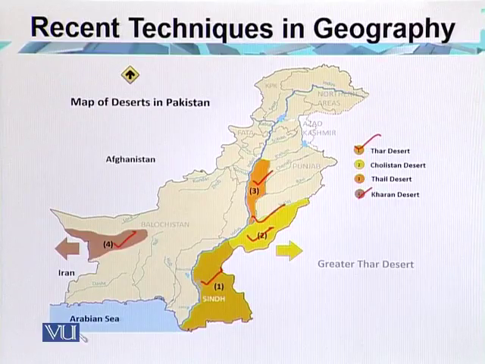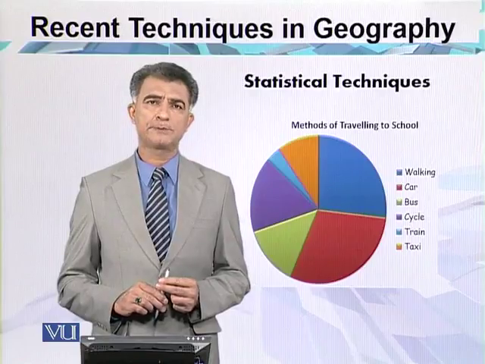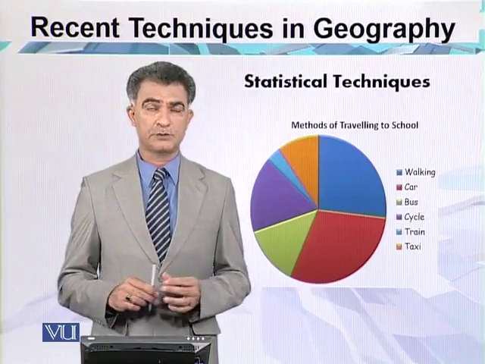Not only can we present the data in different graphs, but we can make charts as well as draw maps of the given data. With the help of statistical technique, we not only draw maps, pie diagrams are also very important.